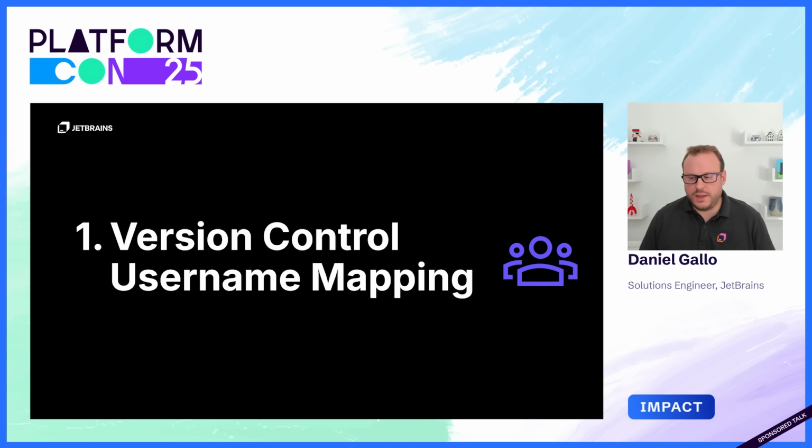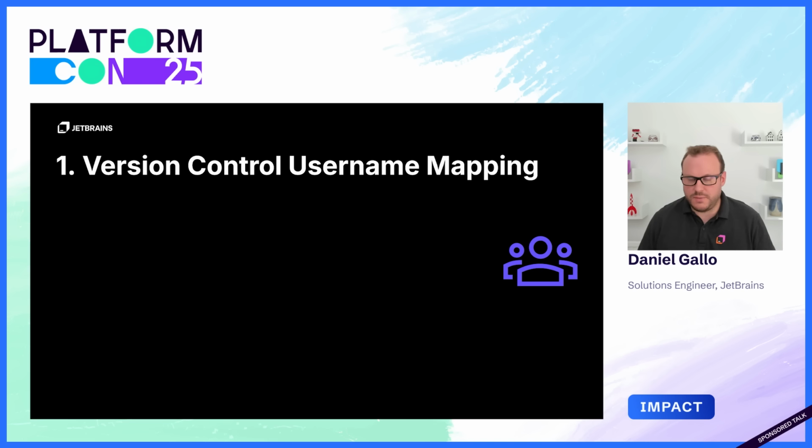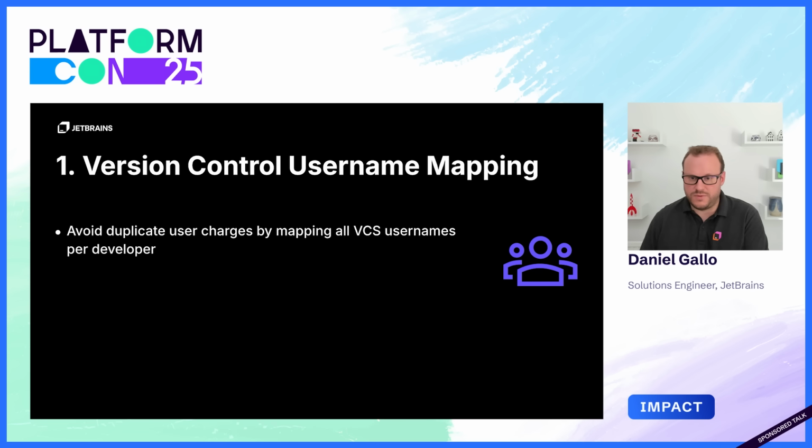So point number one here is version control username mapping. In a lot of cloud-based solutions, the pricing for the solution is based on the number of developers you have. So if you have developers that are making commits under different version control usernames, those might be counted as multiple developers, even though they're the same single developer.